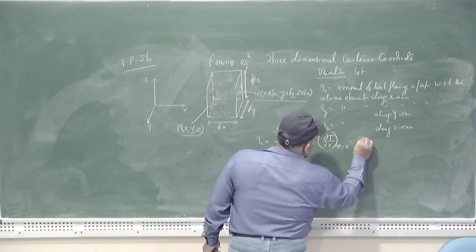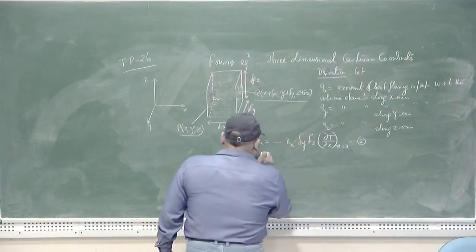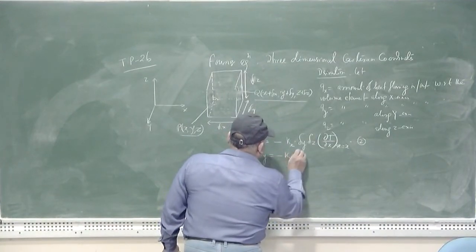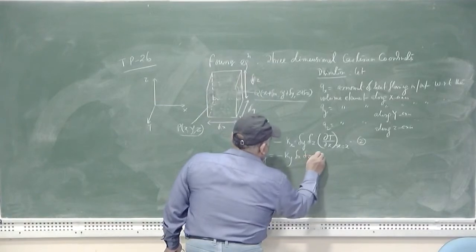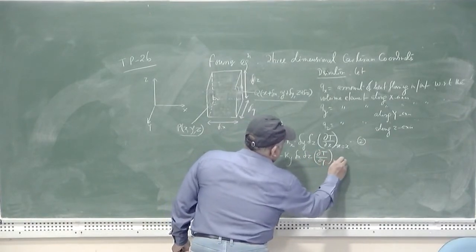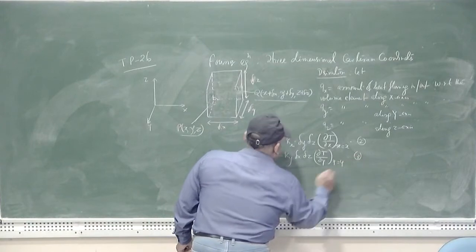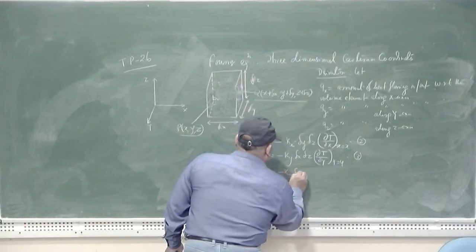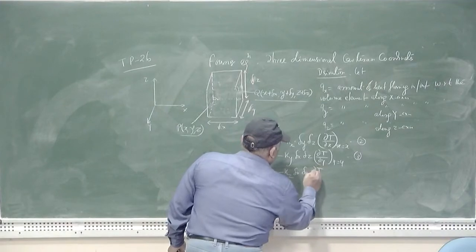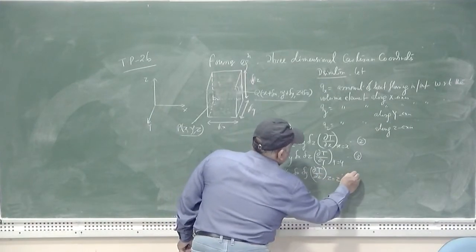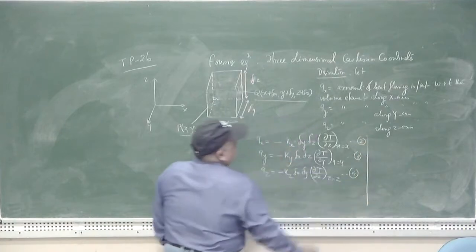Let it be equation number 2. Similarly, Qy is equal to minus Ky delta x delta z delta T by delta y at y equal to y, equation number 3. Similarly, Qz is equal to minus Kz delta x delta y delta T by delta z at z equal to z.